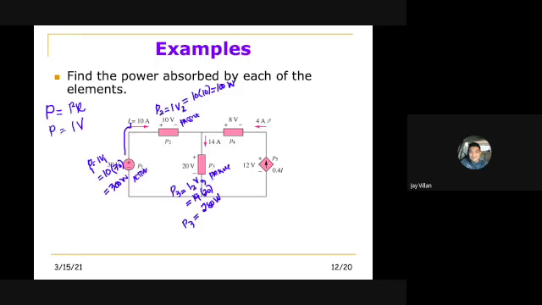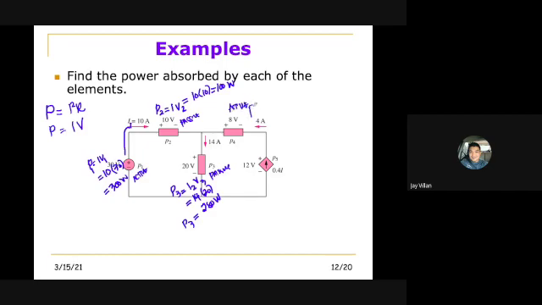This current here enters the negative terminal and therefore goes out of the positive terminal. So ang pag-flow ng current dito is the same as the flow of the current here. It enters the negative terminal and goes out of the positive terminal, thereby making this element an active element. So this is also an active element.